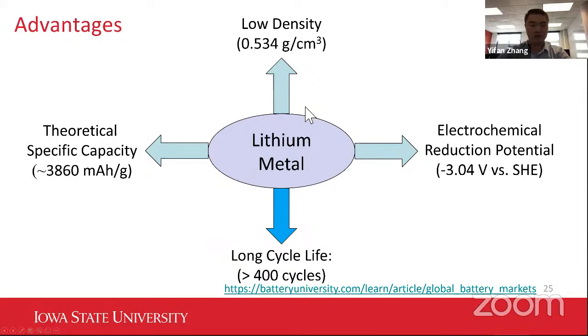Lithium metal has an extremely high theoretical specific capacity, and its density is really low. That means you can pair it with some high potential cathode materials, use them with a small amount of weight, and such a device can supply a great amount of energy density.